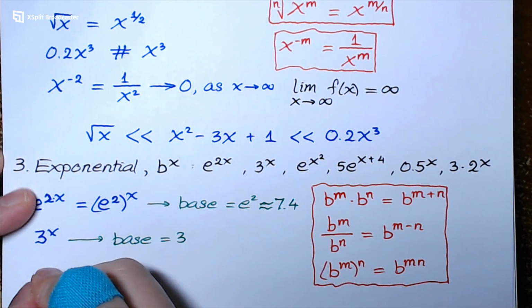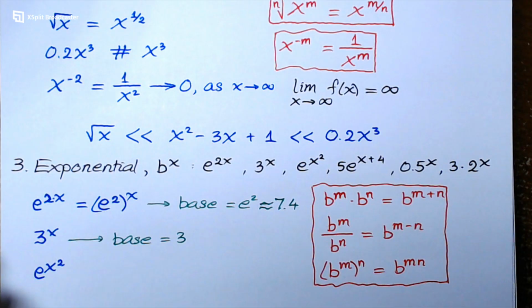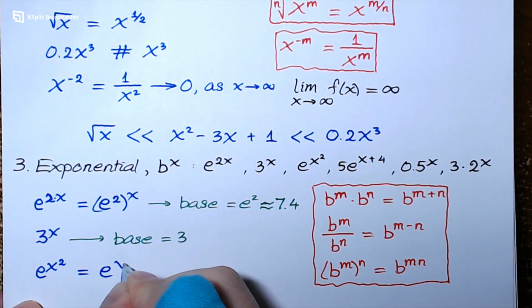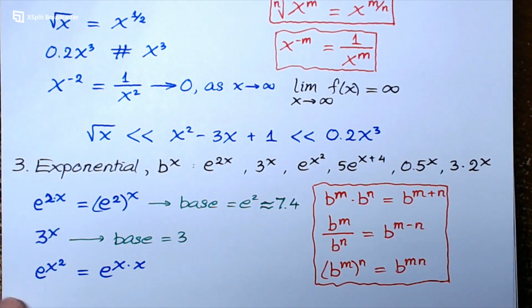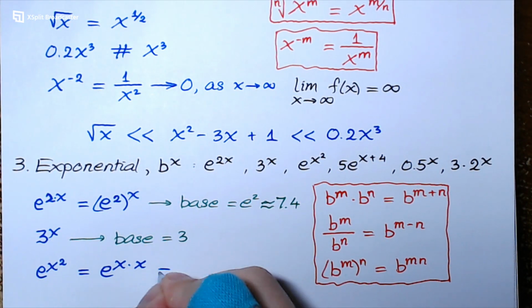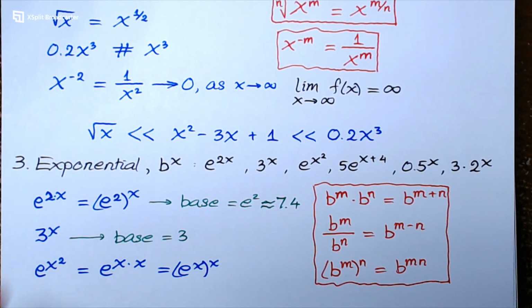E to the x squared. Well, x squared, how can we write that? Well, x squared is x times x, right? And in that case, apply this formula from right to left. So we have this function.